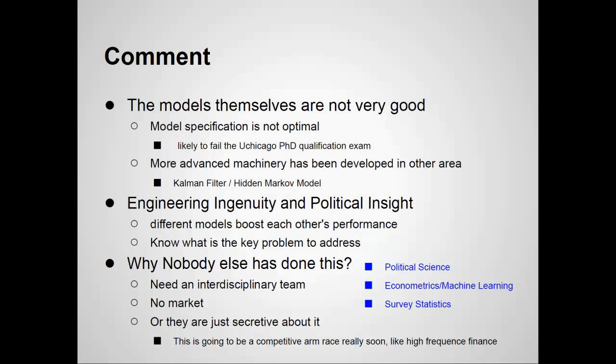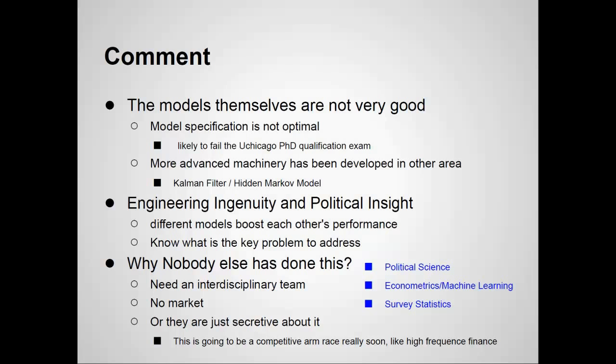Which brings me to another question: why has nobody else done this? I was quite surprised, since this is not an incredibly hard problem, that Silver would be the first and the best. One thing that I can come up with is that this just needs an interdisciplinary team.